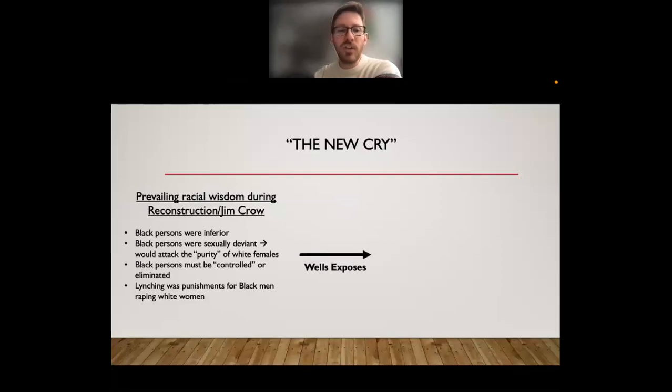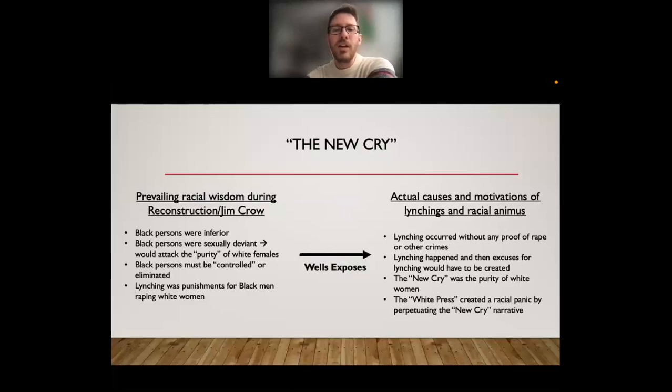Wells exposes that this framing of lynching was false. She went through and analyzed each case of lynching and found that most, if not all, occurred without any proof of rape or any other crimes, and that what would happen is the claim of rape would happen after the lynching occurred.